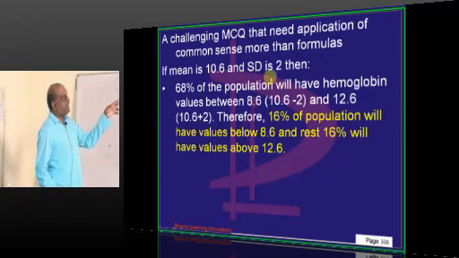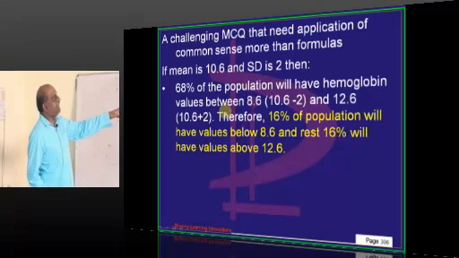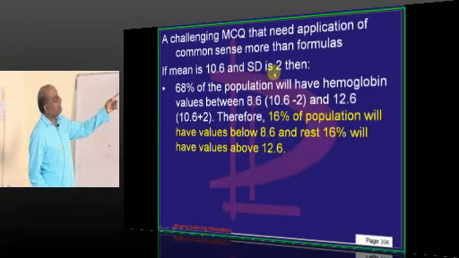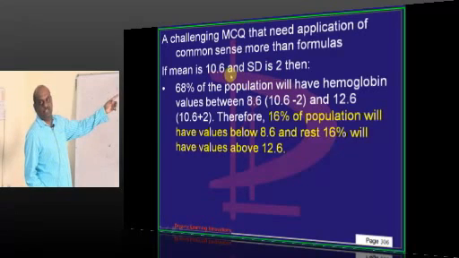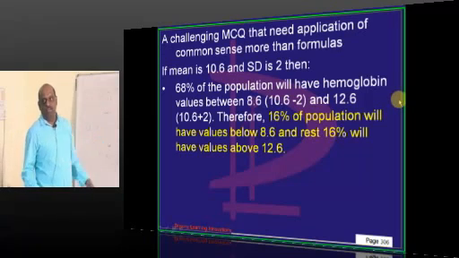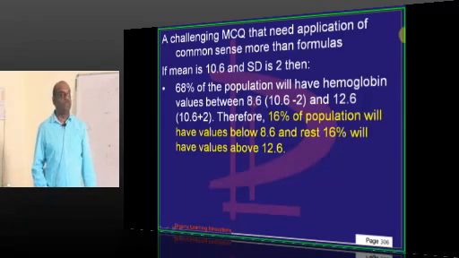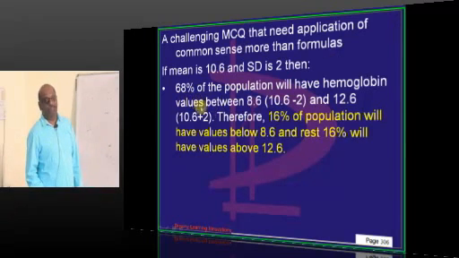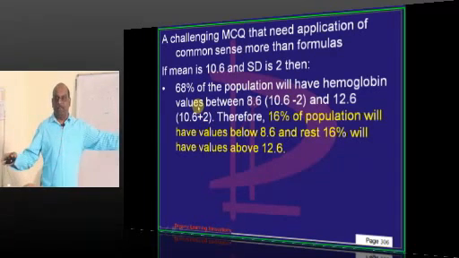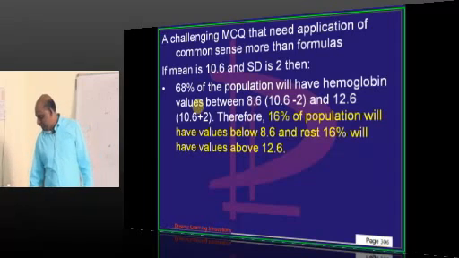Within one standard deviation on either side, how many people are there? 68%. So one standard deviation is 2, no? Mean value 10.6, 10.6 minus 2, 10.6 plus 2. In this range, 68% stay. Then how much is left over? 32% is left over. I'll put the graph.